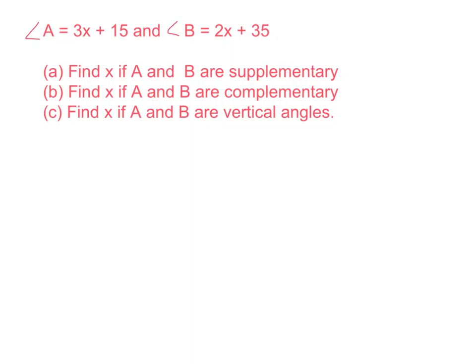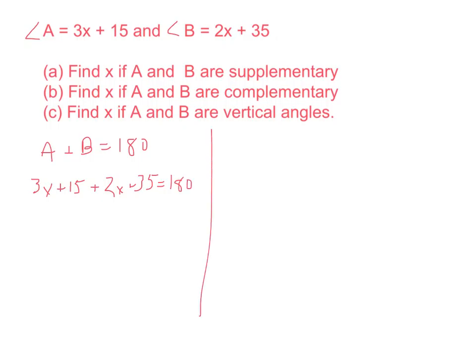Well, if they're supplementary means they add up to equal 180. So what we're going to do is do A plus B equals 180. So we get 3x plus 15 plus 2x plus 35 equals 180.